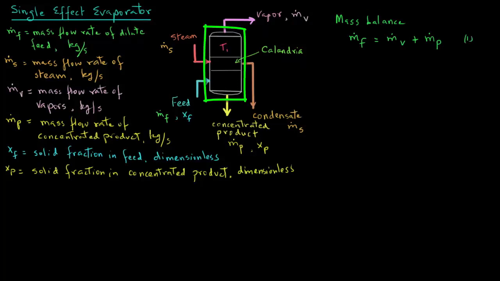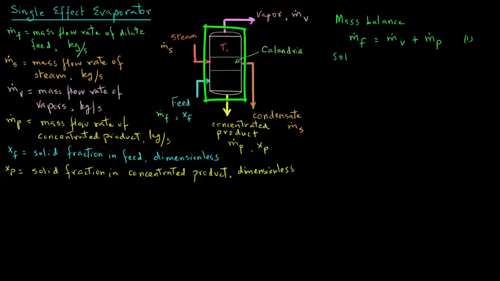Note that in the evaporator, steam and feed remain separated because this is an indirect way of heating. When steam condenses, it leaves the evaporator as a condensate. So steam does not mix with the feed, therefore we do not include the mass flow rate terms for either the steam or the condensate in the mass balance.